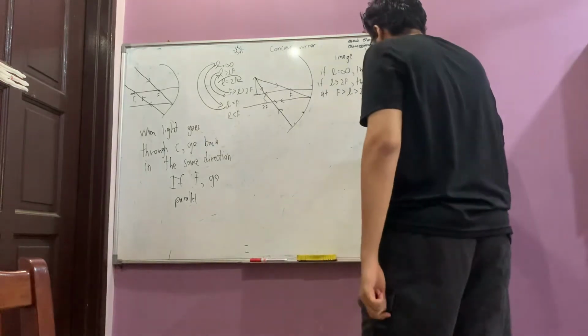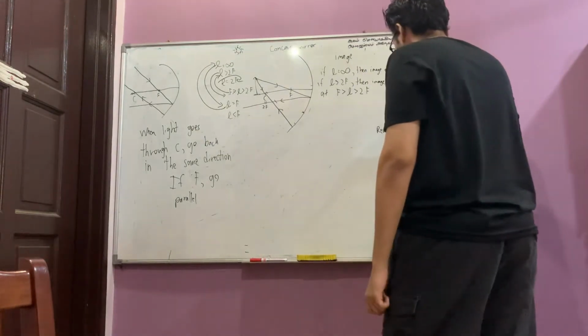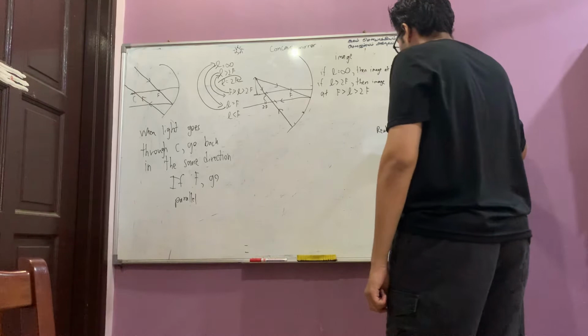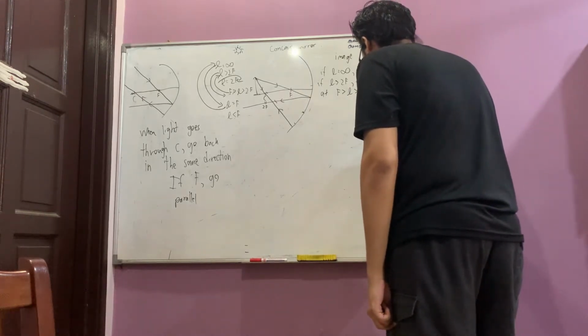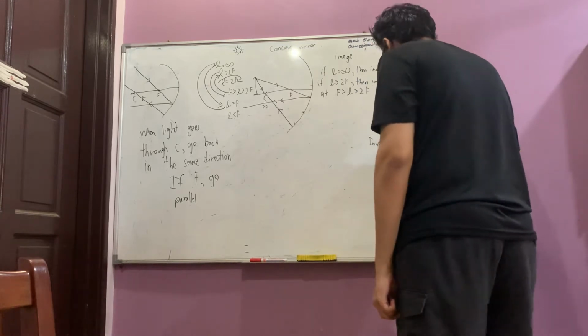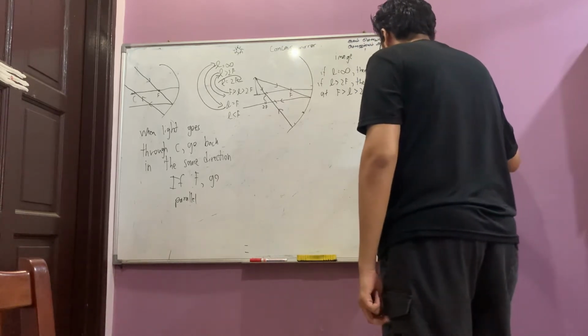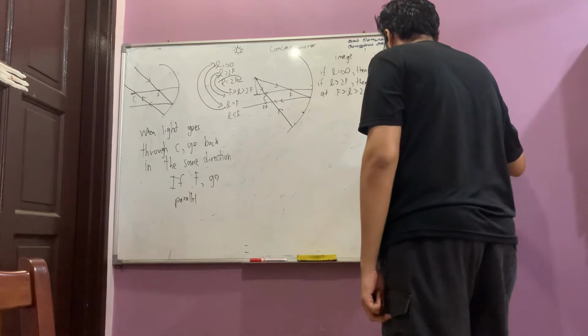There are real, virtual, inverse, upright, diminished, and magnified.